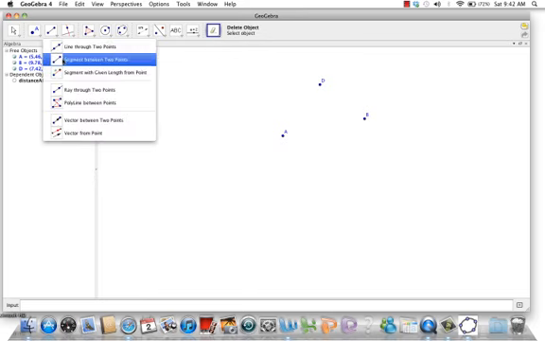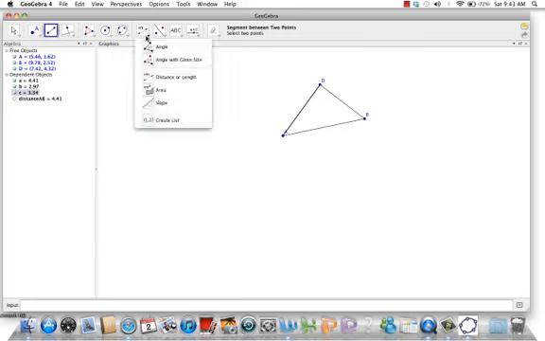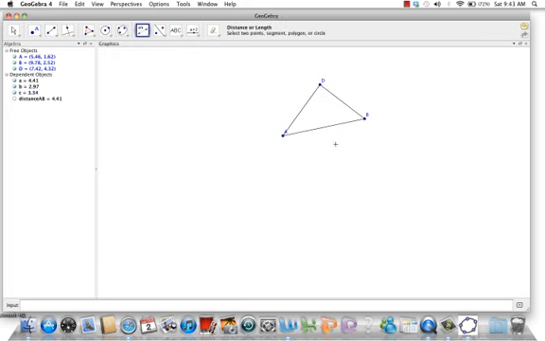So let's construct our segments, AB, BD, and AD. All right. And then let's obtain the measure of their sides. So this is segment AB and segment BD and then segment AD. All right, so let me drag this just right here and here so that you see.